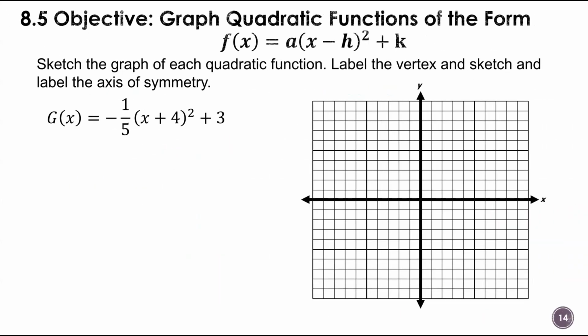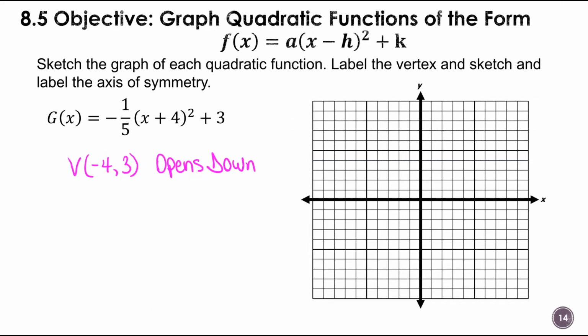Okay, so let's look at all the details on this one. We have a vertex at -4, 3. Remember, we're just going to do the opposite sign to that number in the parentheses. This one opens down.